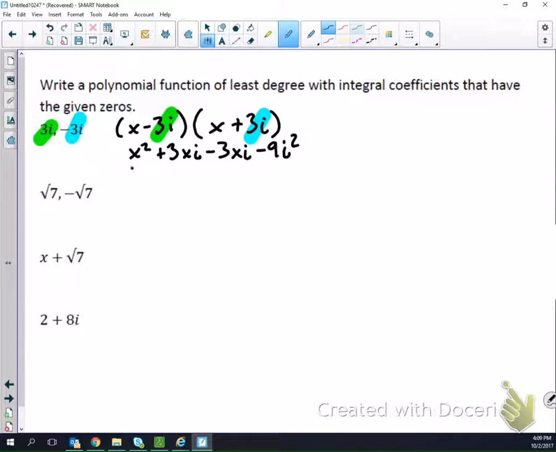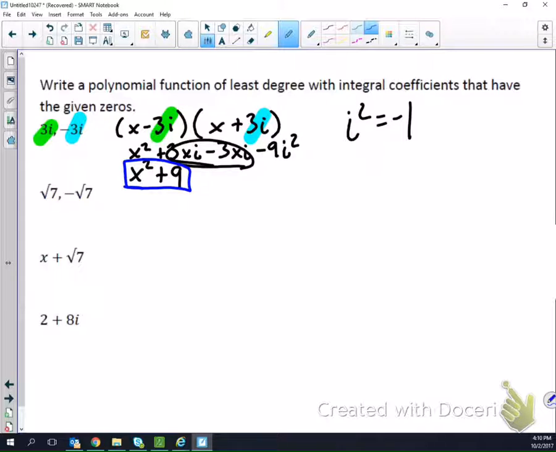First I got x squared, no other x squared, so we'll leave it like that. 3xi minus 3xi, well that's just 0. And then a minus 9i squared. Now an i squared is a negative 1, so that is essentially negative 9 times negative 1, which is positive 9. So x squared plus 9, we just found our answer, x squared plus 9.